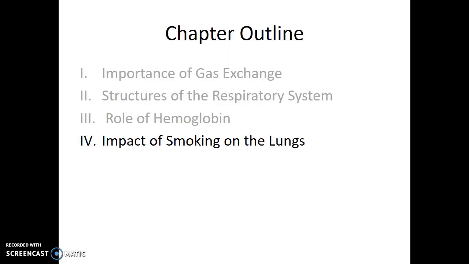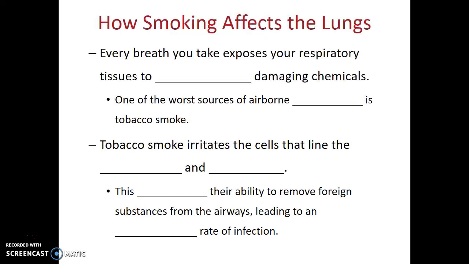The last topic we'll discuss as we talk about our respiratory system is the impact of smoking on the lungs. Every breath you take exposes your respiratory tissues to potentially damaging chemicals. One of the worst sources of these airborne pollutants is tobacco smoke.